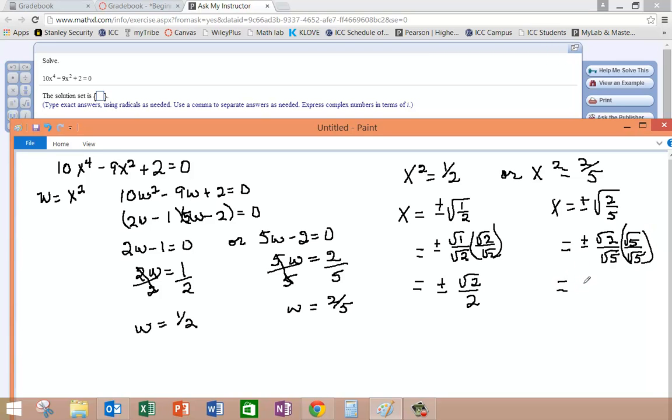So that's going to give me plus or minus square root of 10 over 5. So my solution set is negative square root of 2 over 2, positive square root of 2 over 2, negative square root of 10 over 5, and positive square root of 10 over 5.